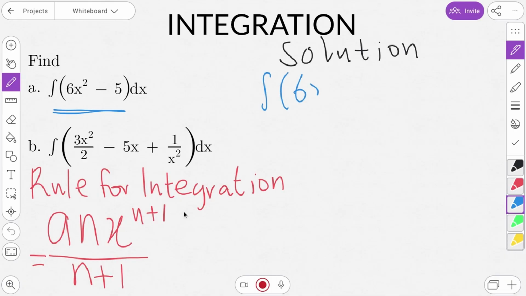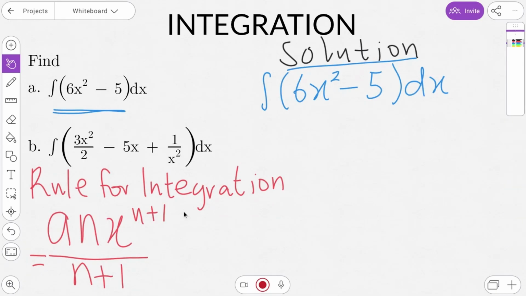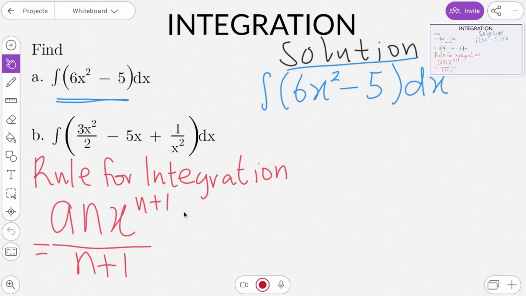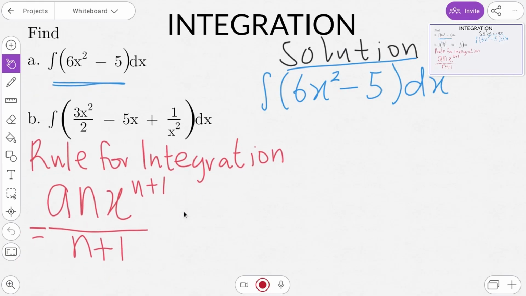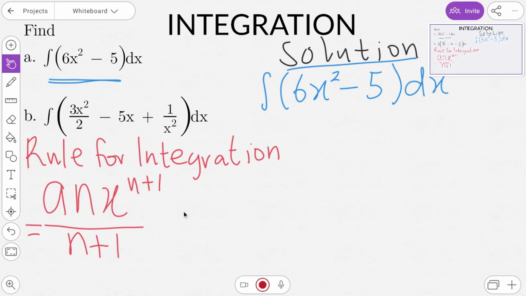6x squared minus 5 dx. Okay. So now, following our rule, let me drag this to the side a bit so we get enough space to solve.